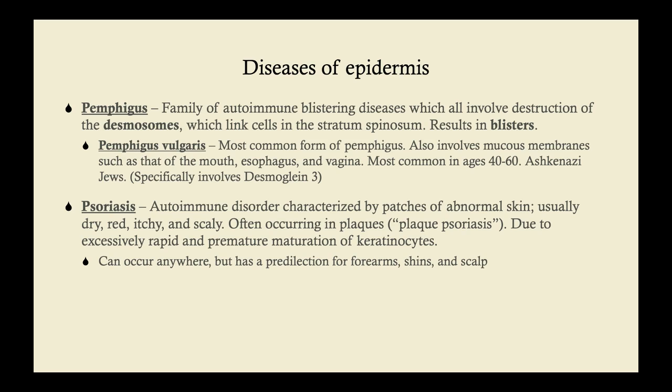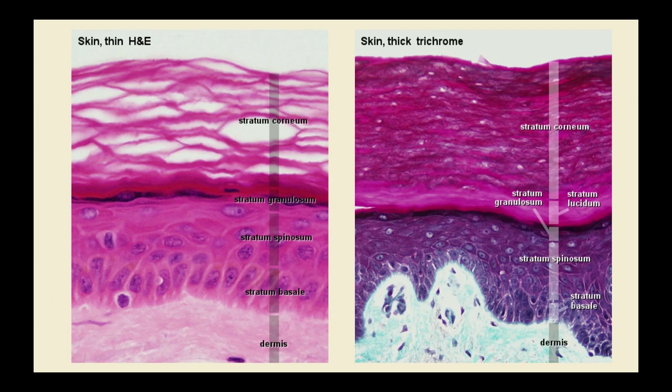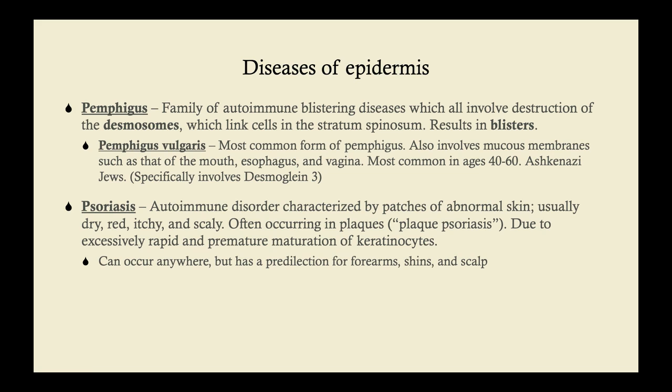And so now you have potential space in between two layers, the stratum corneum and granulosum, and then everything underneath the stratum spinosum. So you've got a fairly weak dome to the blister, only 2 layers, and that's going to stand in contrast to another blistering disorder that we're going to talk about in a little bit.